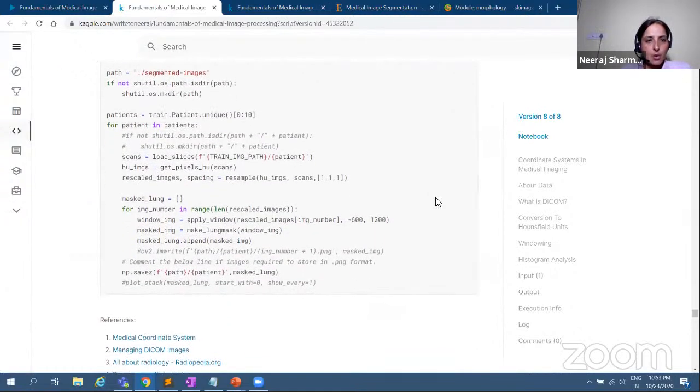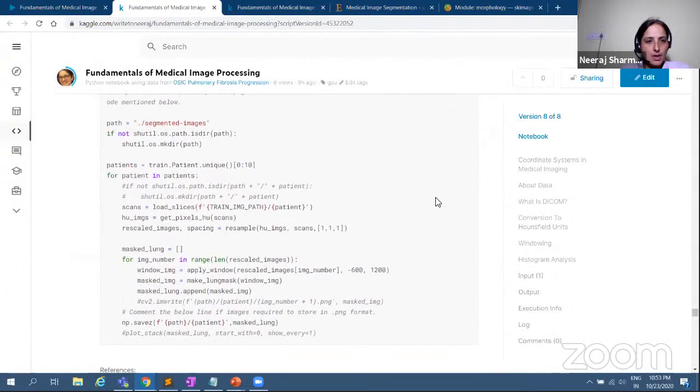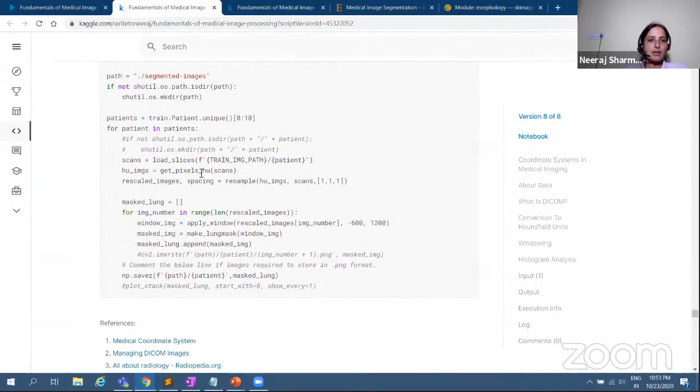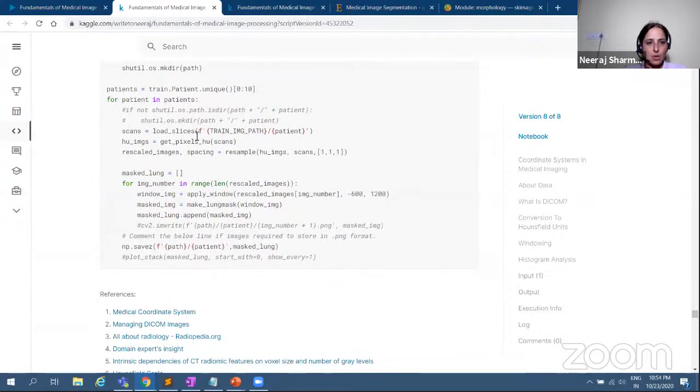Here I have written the code which incorporates everything together, and it is implemented on the whole data. I have taken only 10 patients. If we remove this particular list, then it will be executed for all the patients. What's happening here is that I'm loading the slices for all the patients one by one, and then converting to HU.